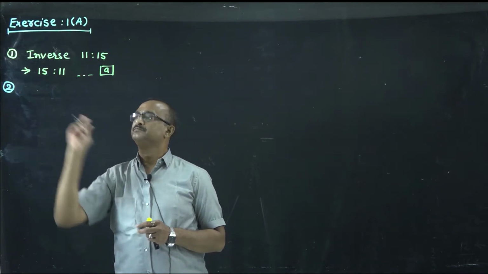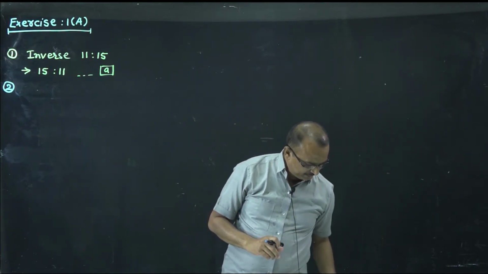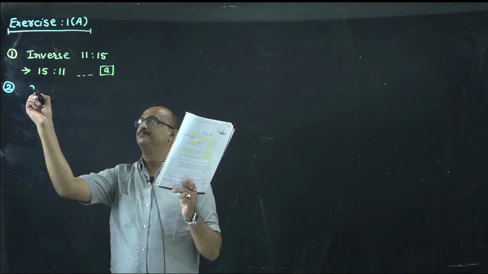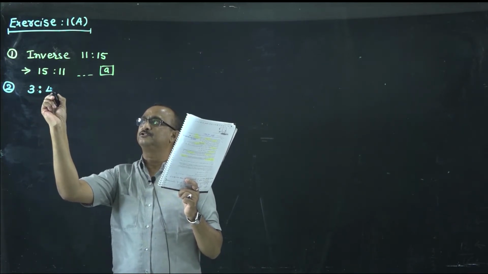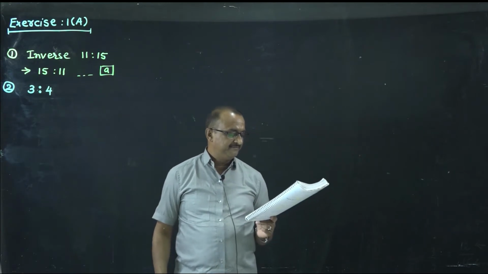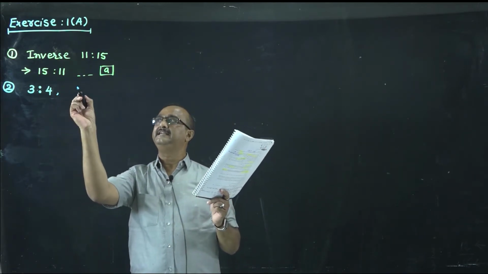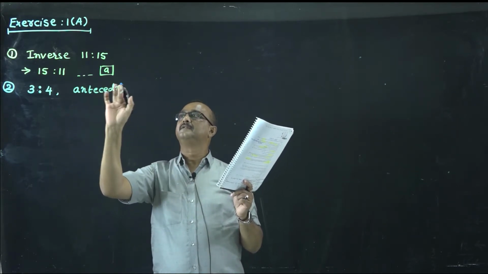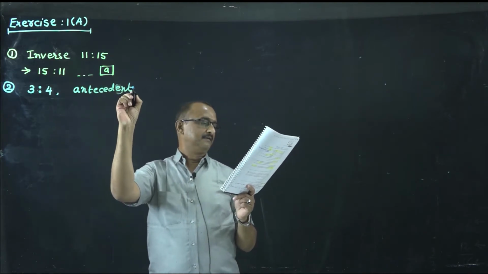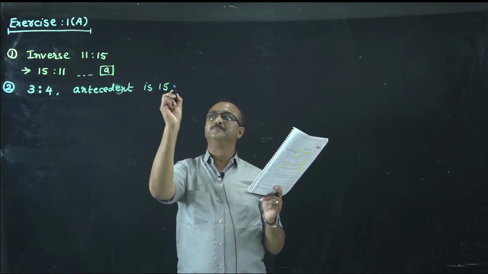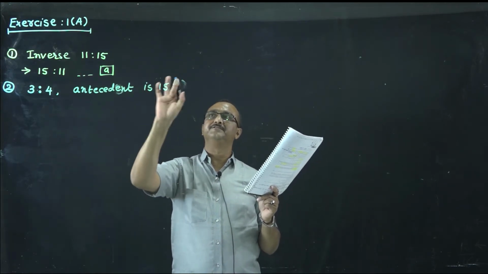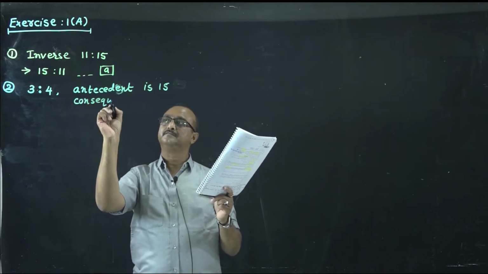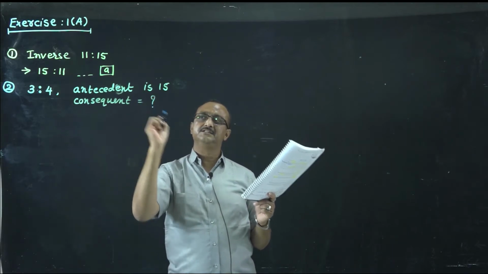Now second question, question number 2. The ratio of two quantities is 3 is to 4. If the antecedent is 15, the consequent is what?